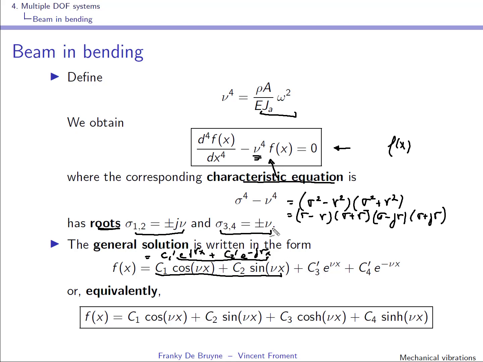And then these roots here will give you terms in e to the nu x and e to the minus nu x, and this can be rewritten using hyperbolic cosines and hyperbolic sines. So this is the solution of my f of x, and f of x is part of the solution. y of x, t was f of x times g of t.